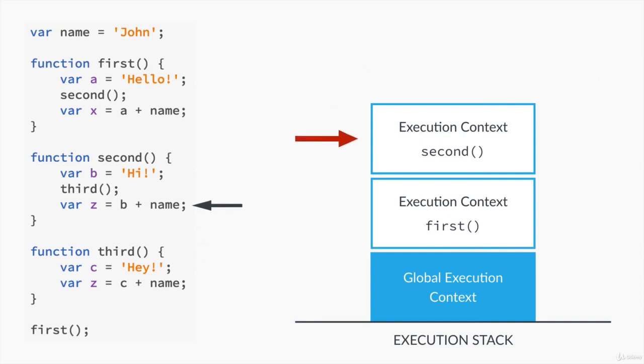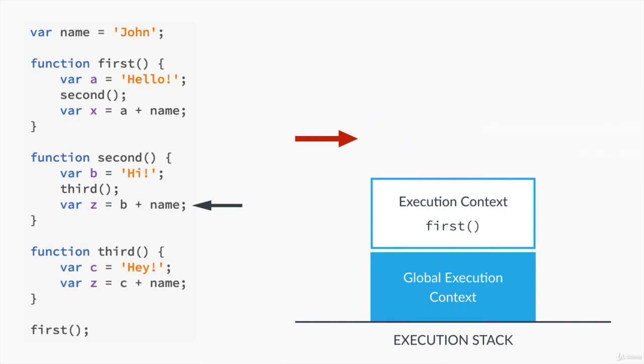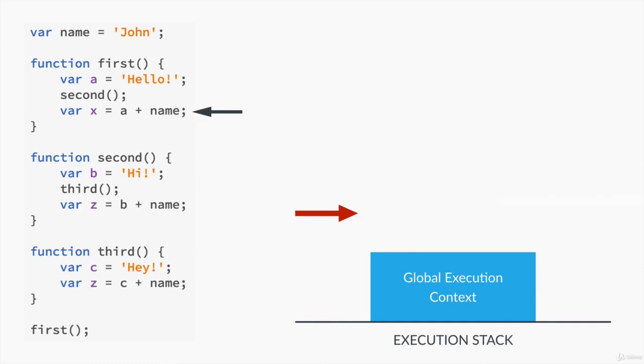And we go back to the second function. So this z variable gets stored in the currently active context, and after the function returns, the context also pops off the stack. So back to the first function now, and here the same thing. The function is done, it returns, and so we exit it, and the execution context pops off the stack.